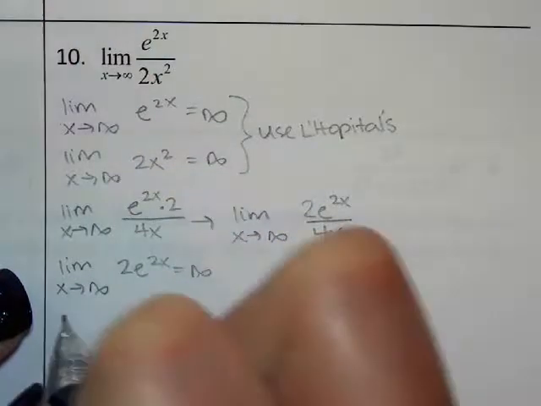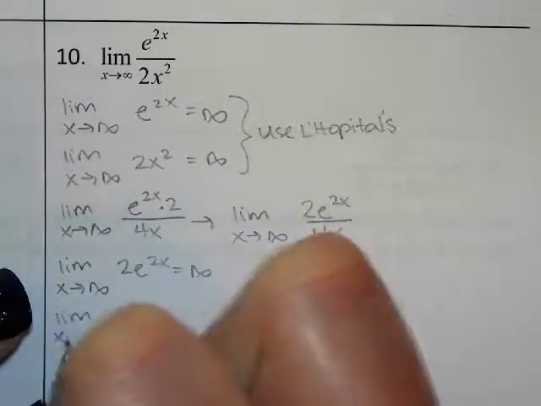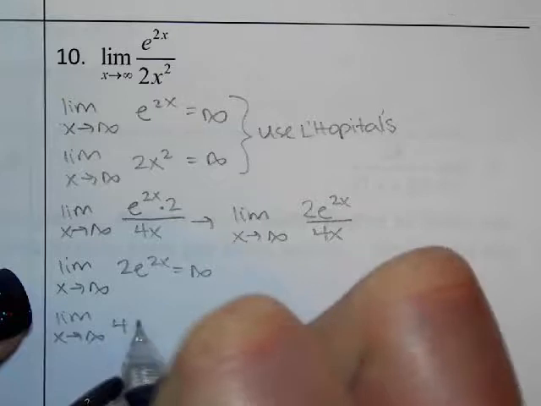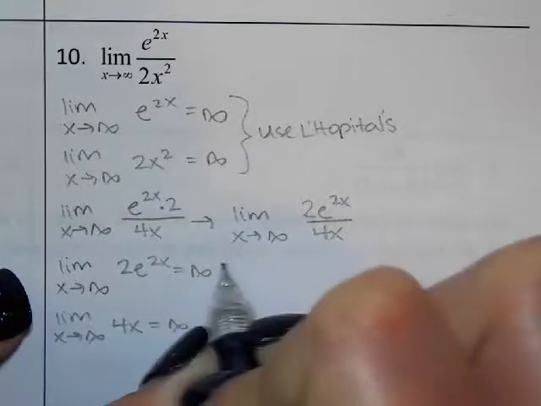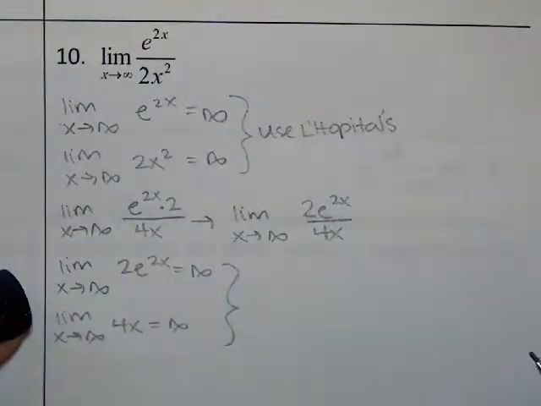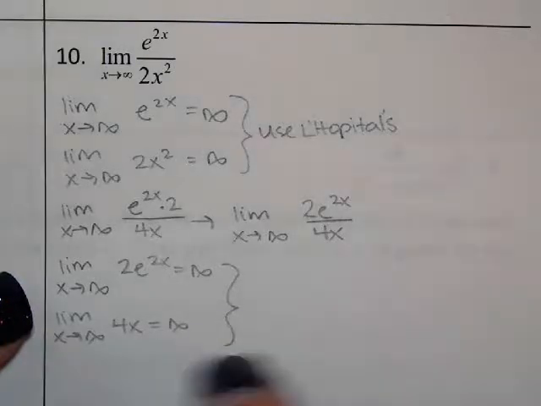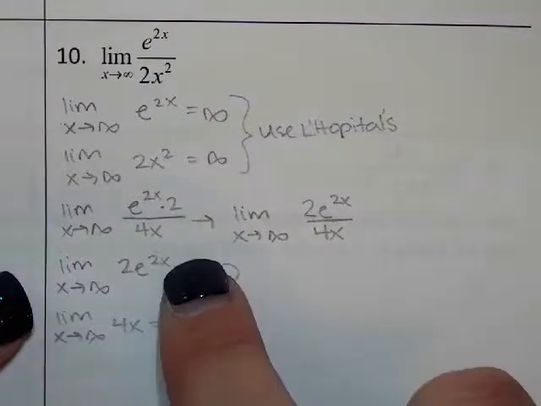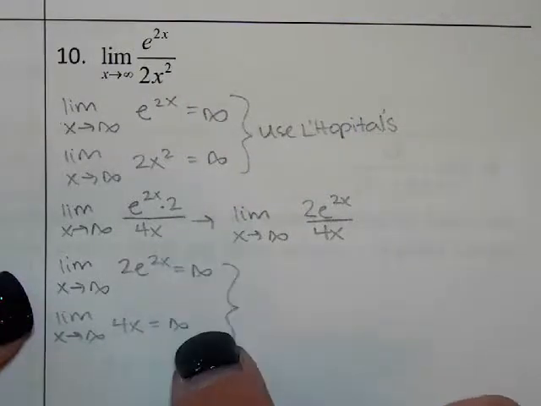So why do we say use L'Hopital's after we've done it? I mean, this is like justifying your use of L'Hopital's, but stating that you're going to use L'Hopital's is the idea of the formality of using a sentence to say it.